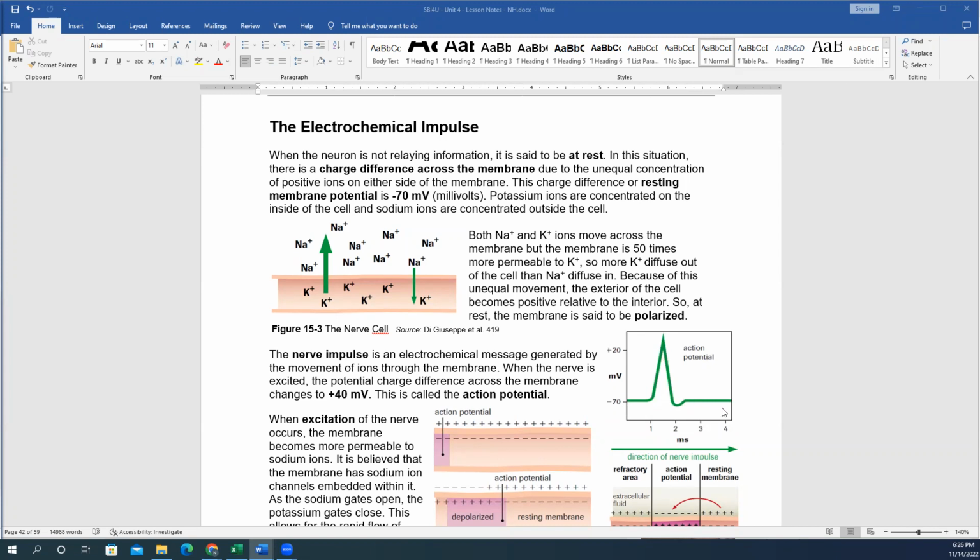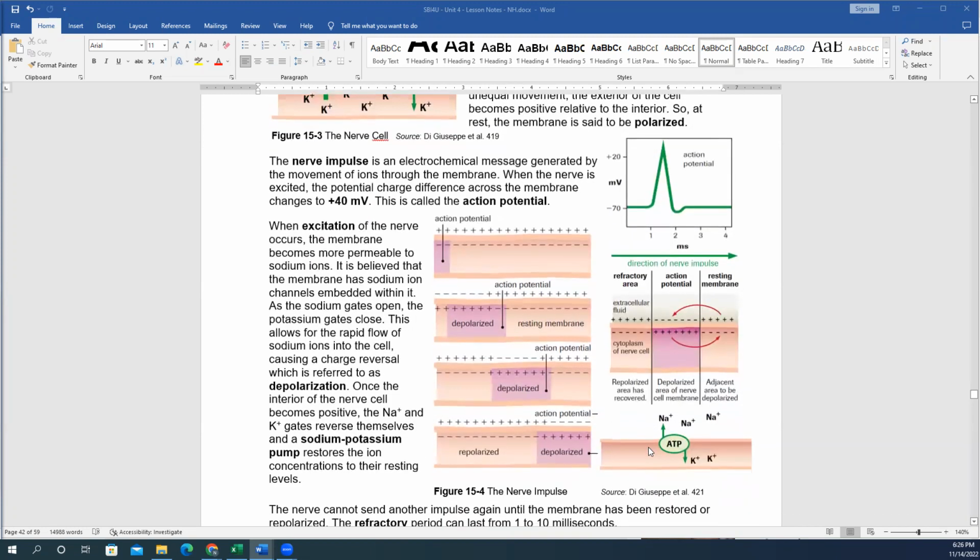When you have this excitation of the neuron, at this point the membrane becomes more permeable to sodium ions. It's thought that the membrane has sodium ion channels embedded within it.